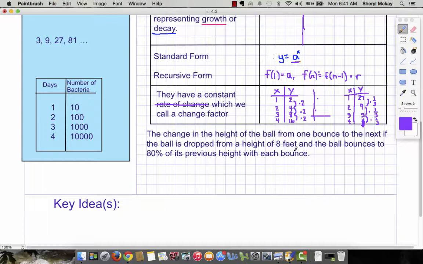The change in the height of the ball from one bounce to the next if the ball is dropped from a height of 8 feet and the ball bounces to 80% of its previous height with each bounce. So how would we look to see what the factor of change on this is? Let me show you what I'm doing here. So here's the number of bounces, and this is the height.